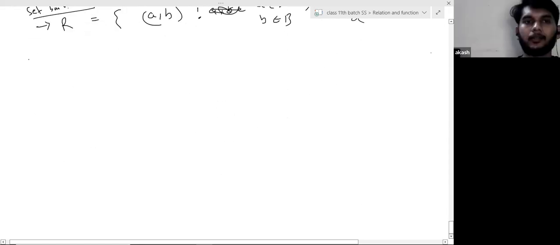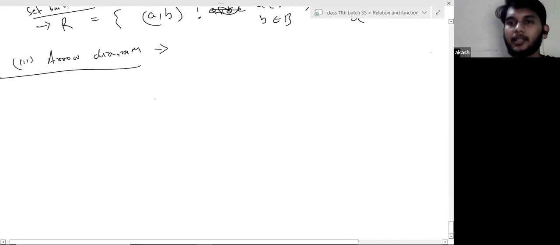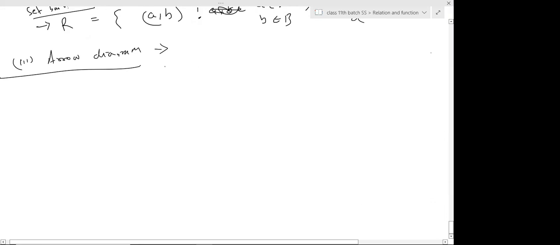Third one is arrow diagram. And I think Arnav you asked this in the last class, right? Is there any way to represent using Venn diagrams? Yes, sir. So this is what arrow diagram is.